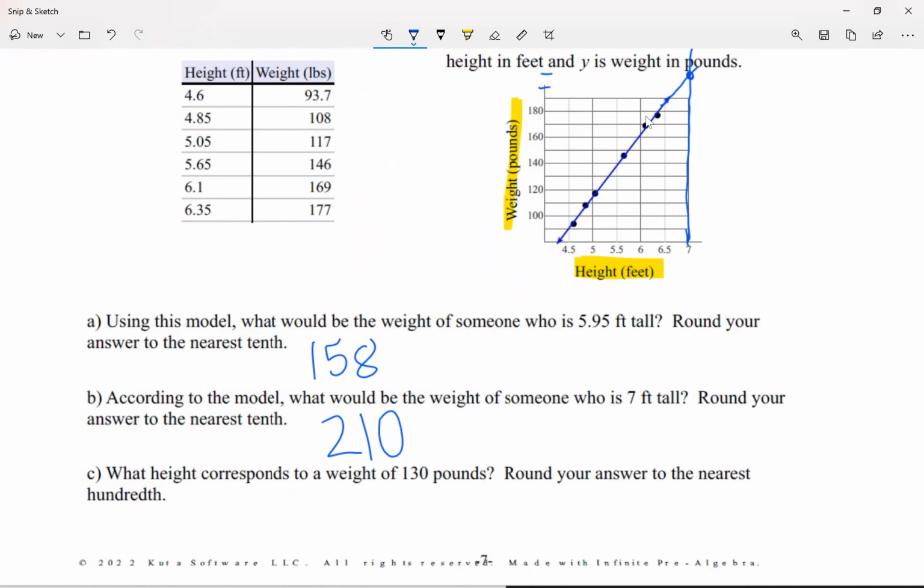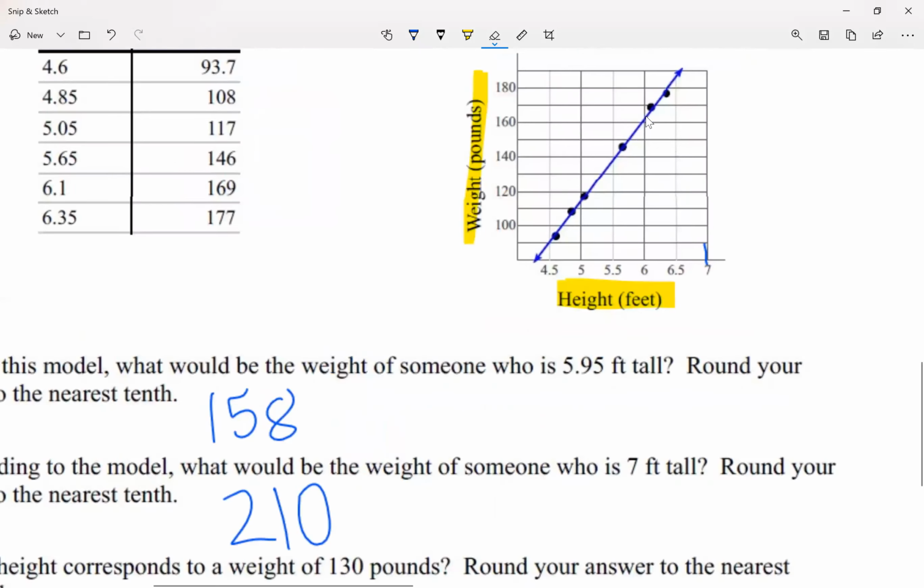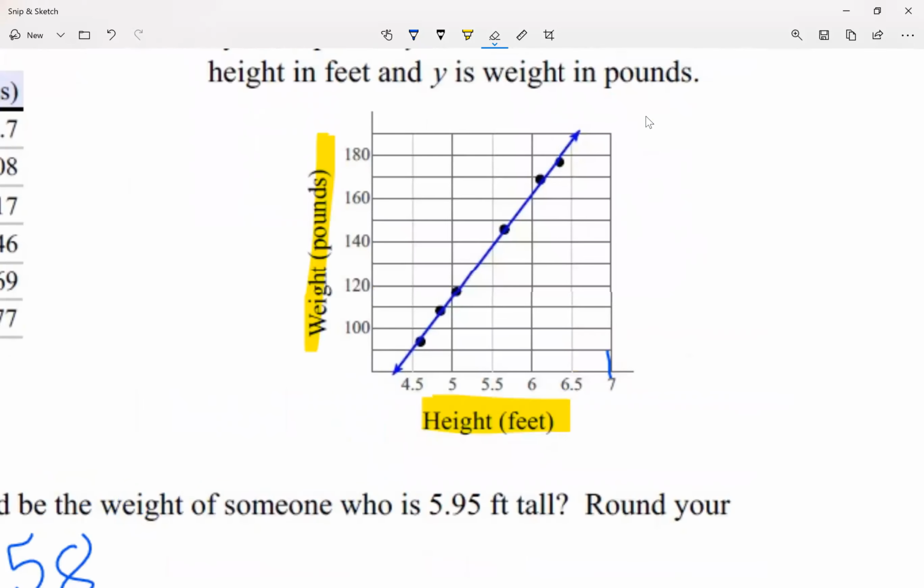Again, it might vary with some people. Some of you might be 7 feet tall and you don't weigh 210. But I'm going based on the information that I have here. My last question: what height corresponds to a weight of 130 pounds? 130 pounds. Okay, so the pounds is the numbers on the left.